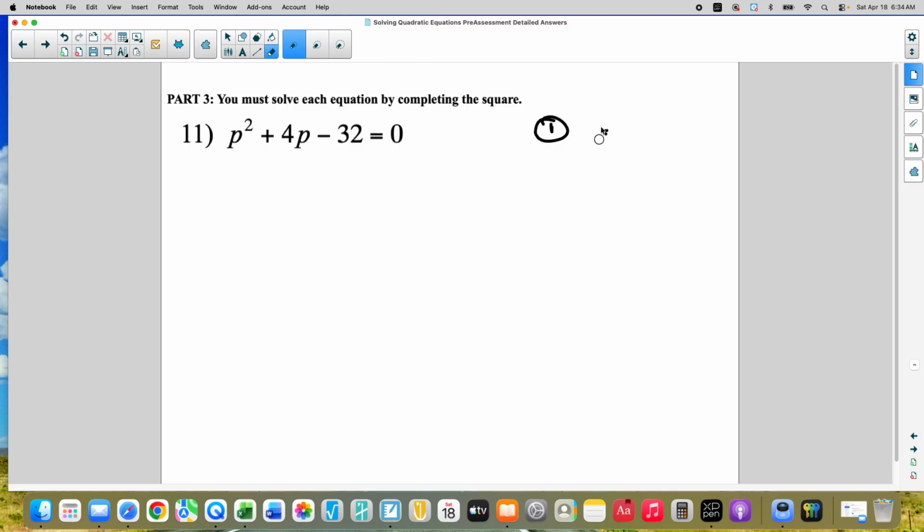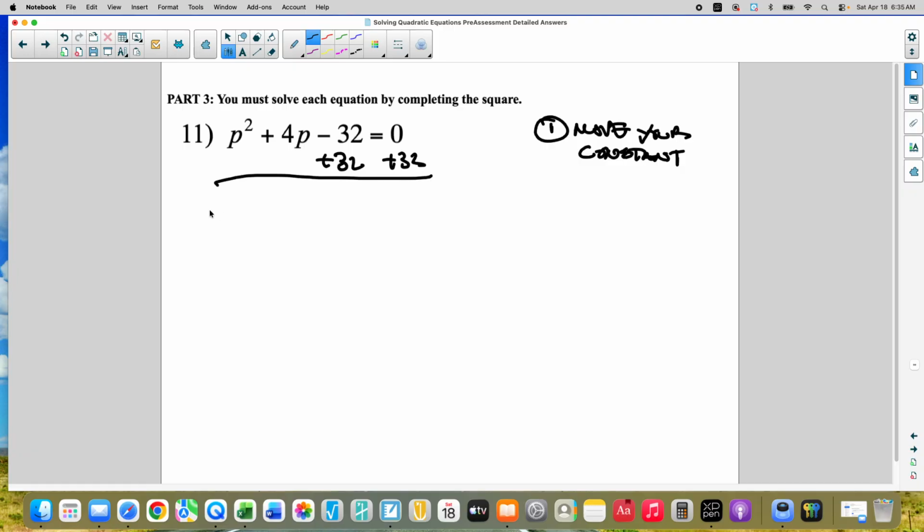It's really move your constant, because I don't want you moving the constant over and then moving it back. Technically, it should be standard form. No, not even standard form. Let's move the constant. You get p squared plus 4p equals 32.